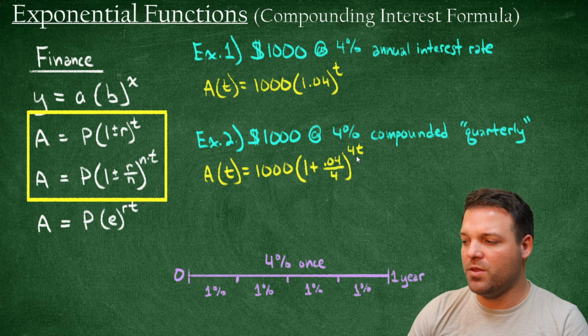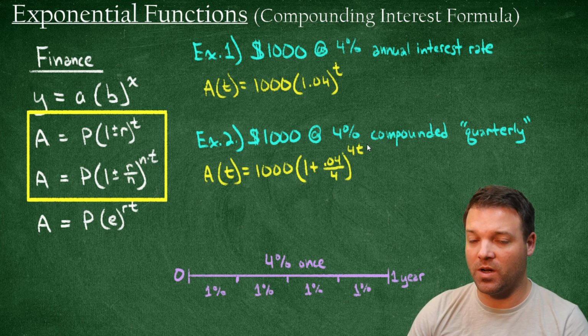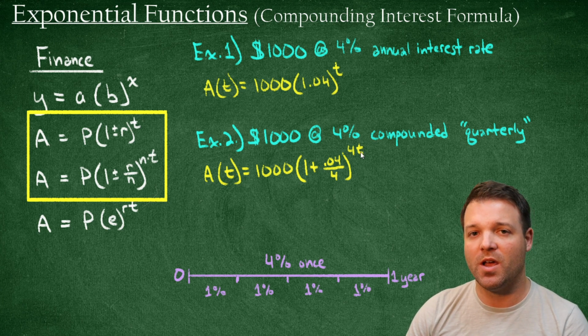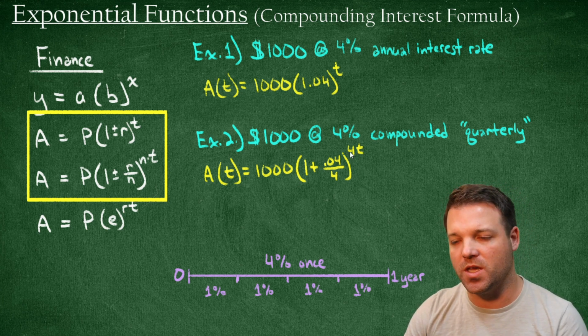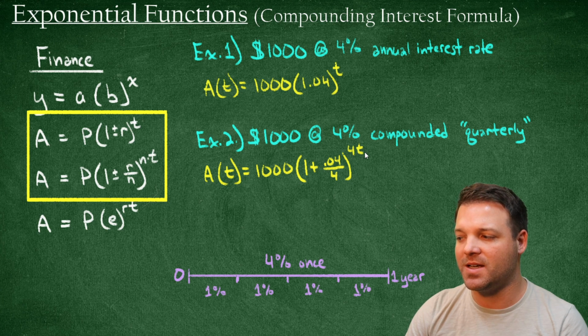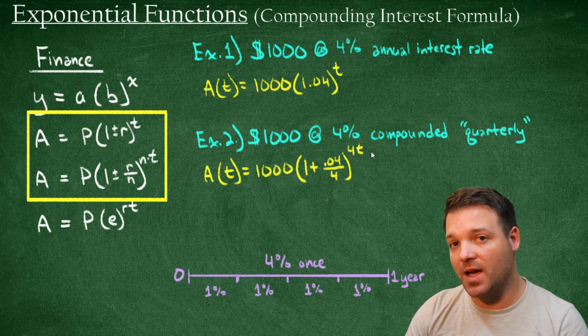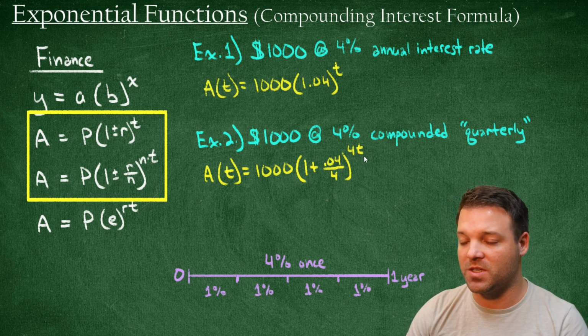Now the issue is we also have to adjust our timing here. If we're putting in 1 year, we're not going to do this one time. We're actually going to do it 4 times per year. So that's why you get n times t, or 4 times t, 4 times the number of years.